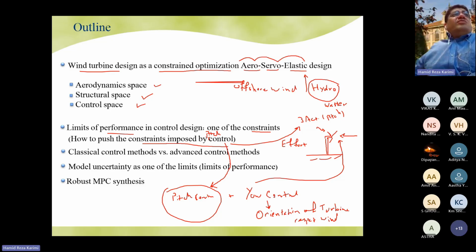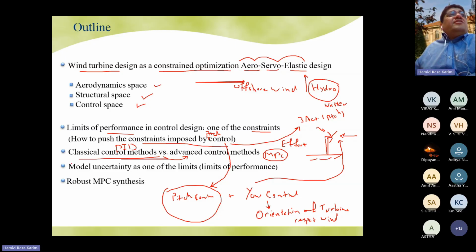Classical control methods, of course, can be useful, and you can use the PID, but the PID control has some limitations. So then you need to move to advanced control. What does advanced control mean? For instance, you can think about MPC as advanced control.